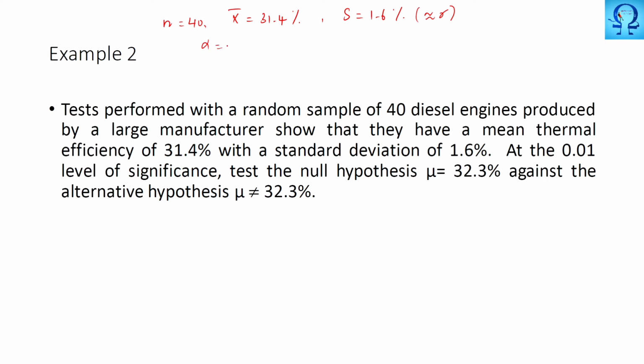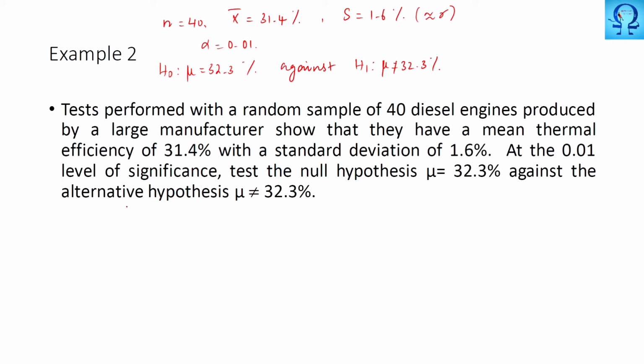Okay, and alpha is 0.01 and H naught is what? It is mu is 32.3 percent. And what is the alternate hypothesis? That is mu not equal to 32.3 percent.